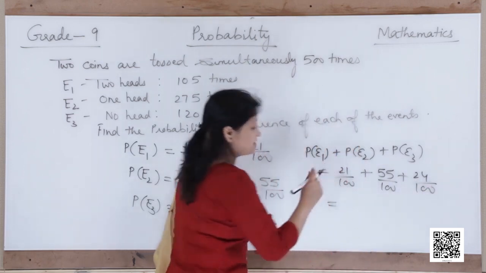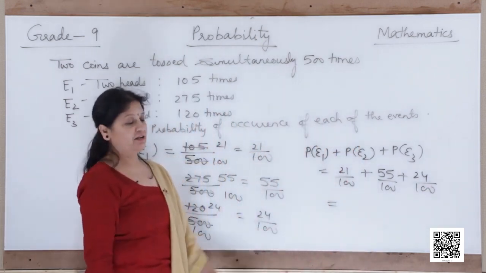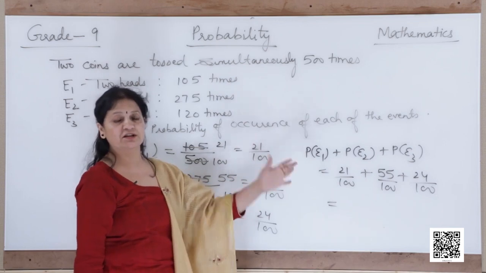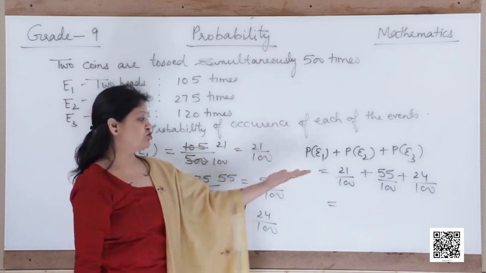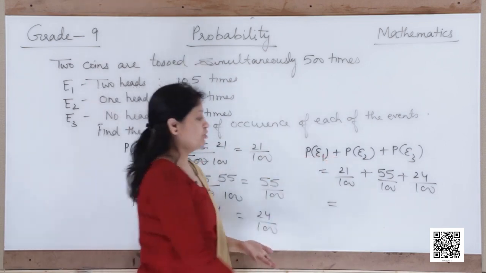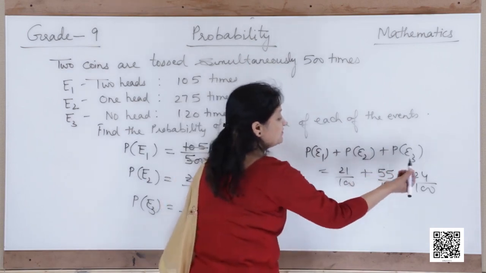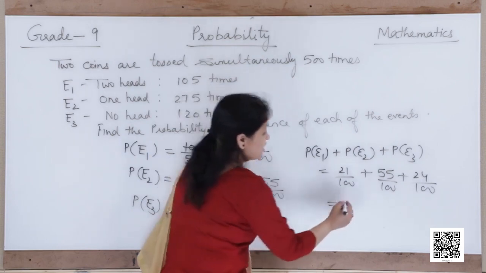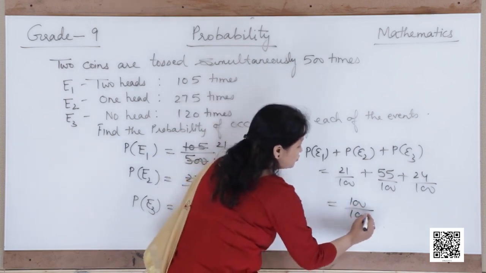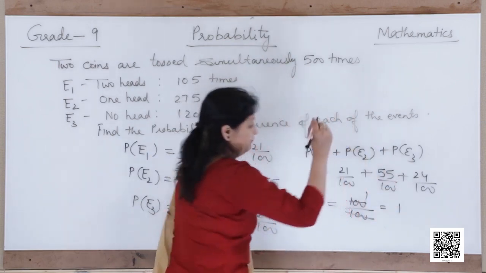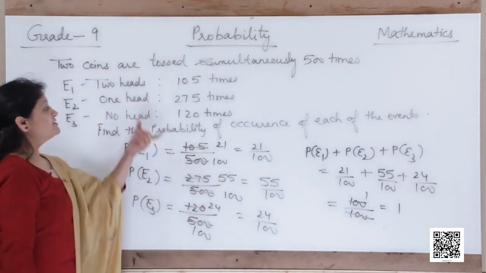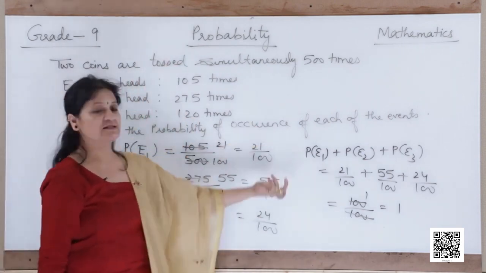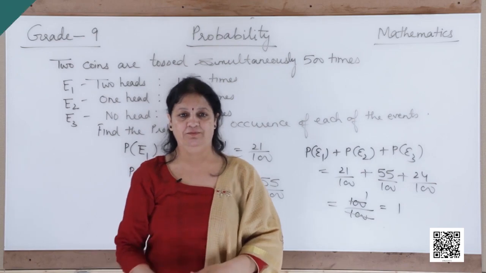Now what you can check is, if we are adding all the events, your answer should be 1. Now check whether you are getting it 1 or not. 55 plus 24 plus 21. We have got 100 by 100. So your answer is 1. So we have shown that sum of all the probabilities is equal to 1.